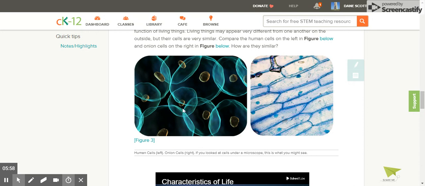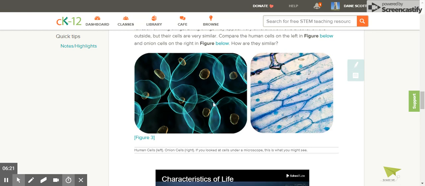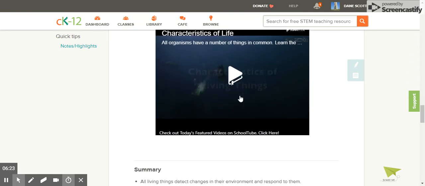If you looked at cells under the microscope, this is what you might see. We see they have some different shapes, but they have some general characteristics that are the same. We have a definitive edge with something that looks like an egg yolk in the middle. We see that same thing here. These are a little more straight-edged, but we still see that little thing in the middle. We'll find out what that is later.